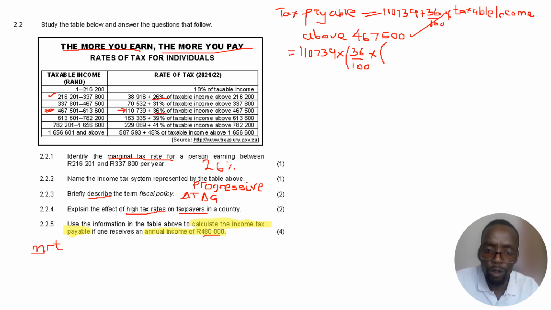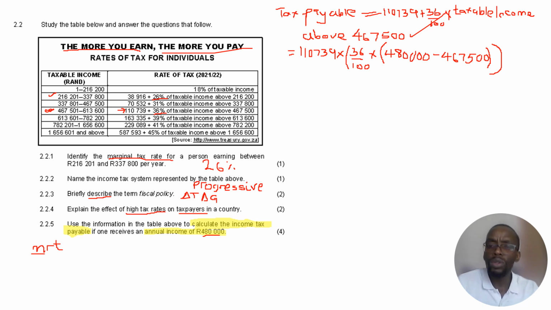This person is earning 480,000, so we need to know how much is in excess: 480,000 minus 467,500. Close the small bracket, and then we close the bigger bracket.